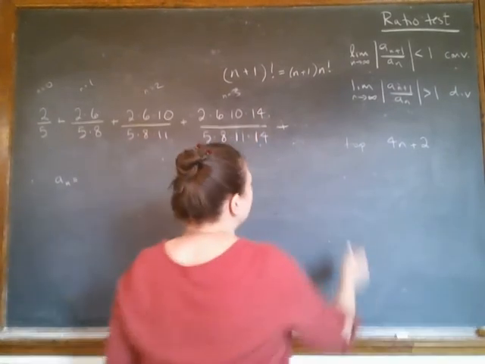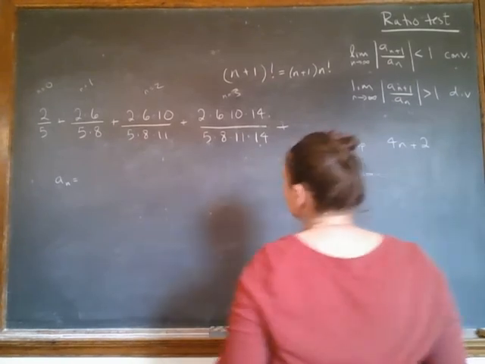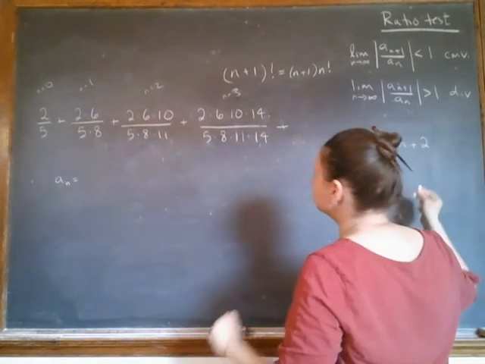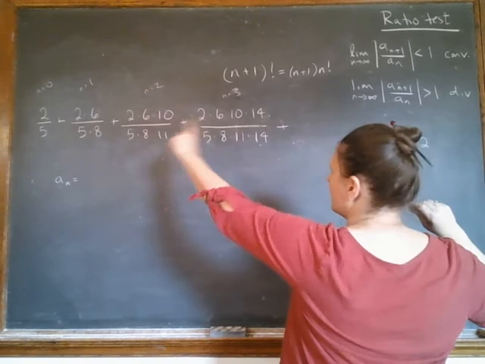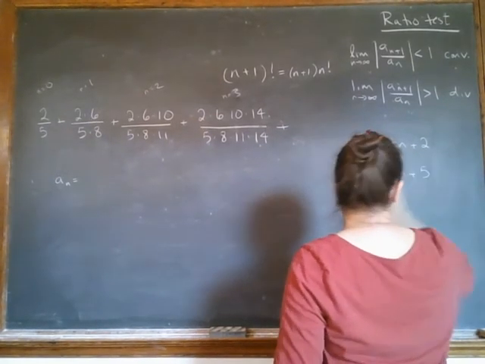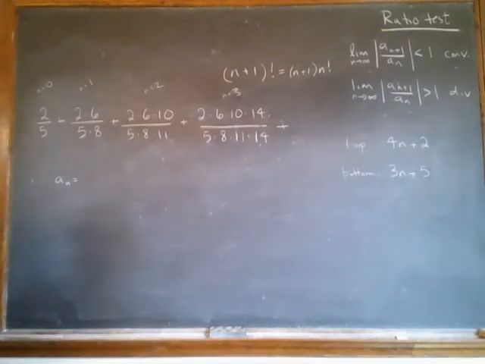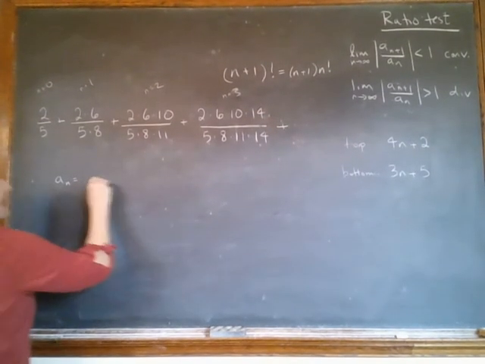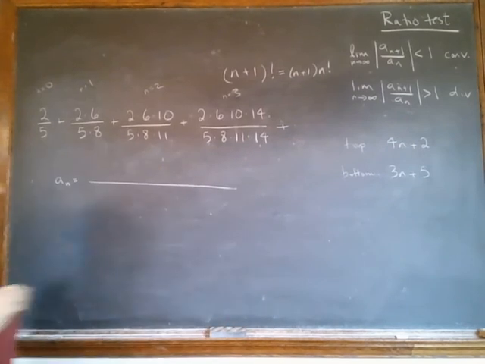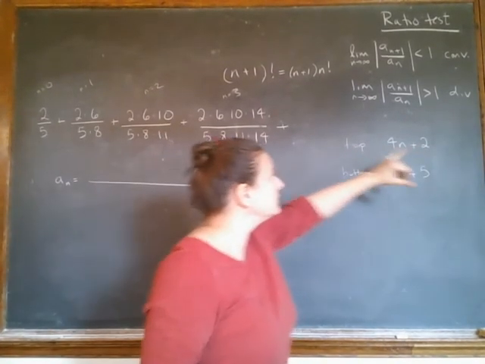Okay? And then my bottom is going like 3's, right? 5, 8, 11. So 3n plus 5. But my nth term, as I said from the previous little thing, I can't just write it. It's not like 4n plus 2 factorial. This is 4n plus 2 factorial.